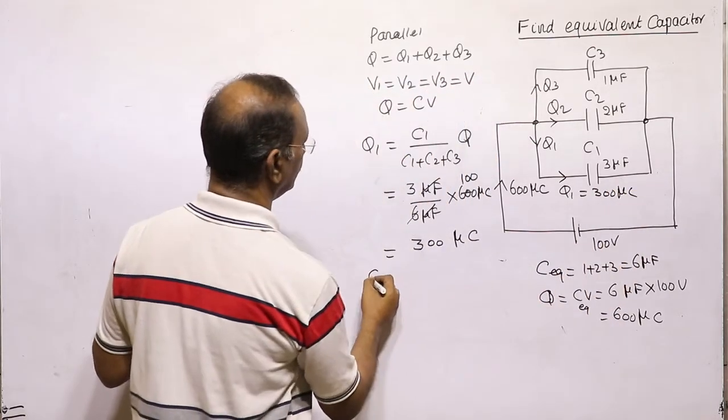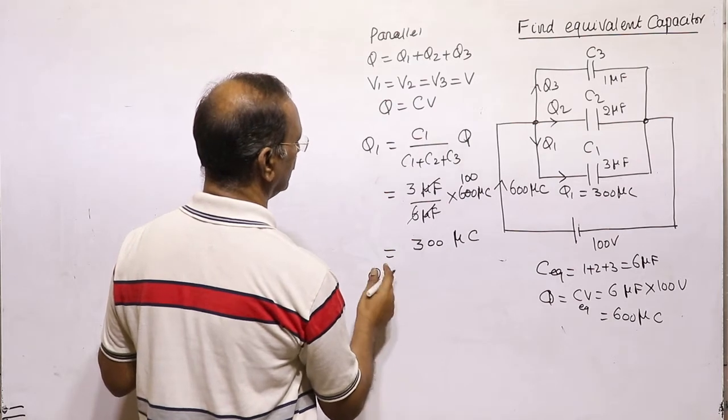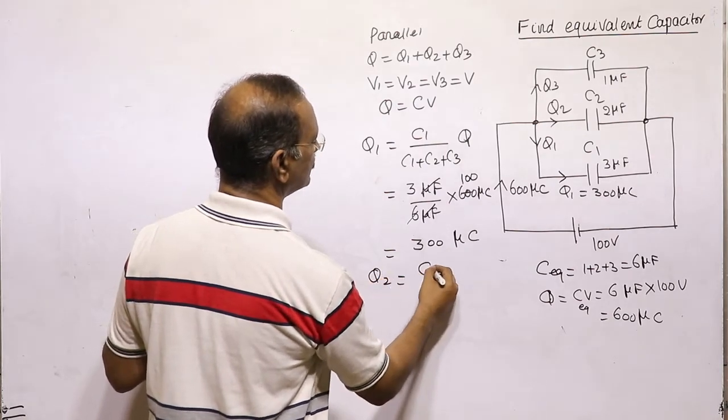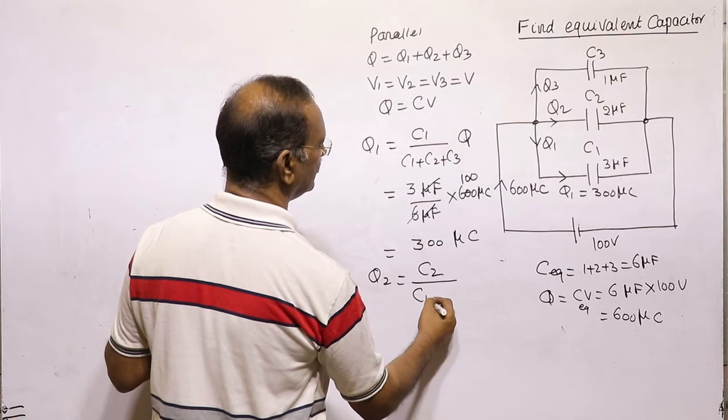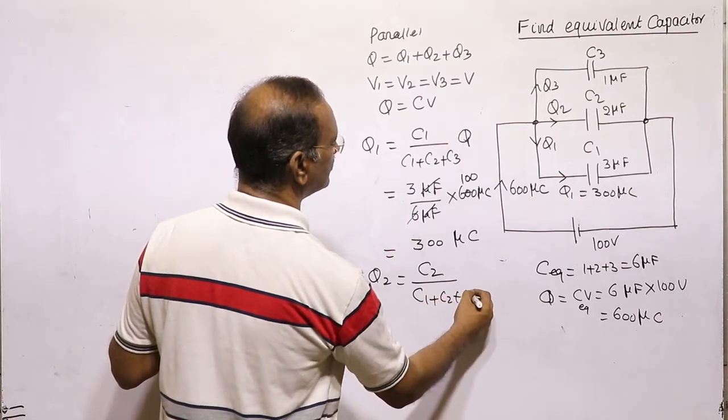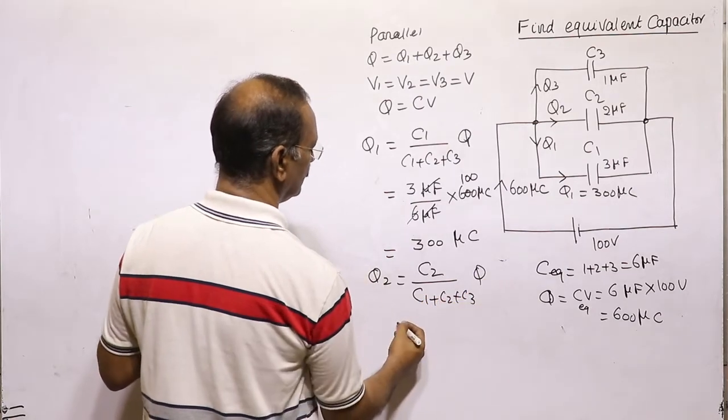Similarly, Q2 is equal to C2 divided by C1 plus C2 plus C3 into the total charge. What is C2?